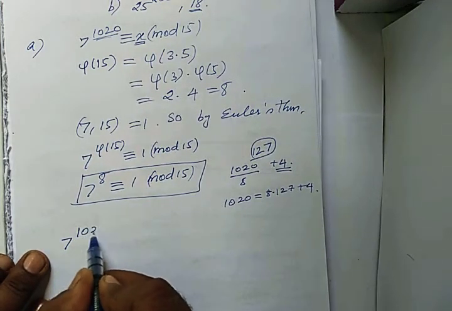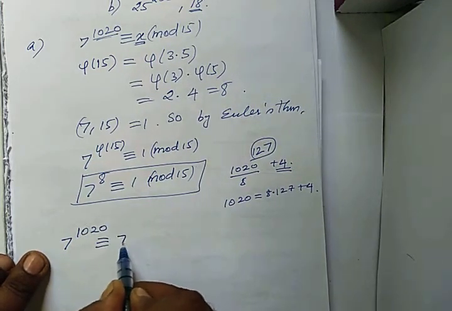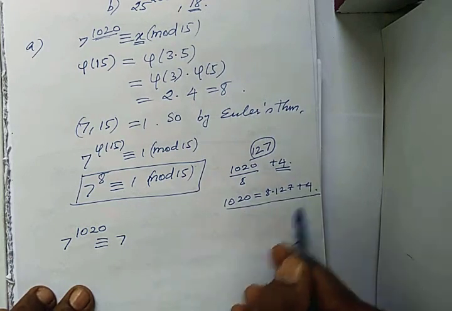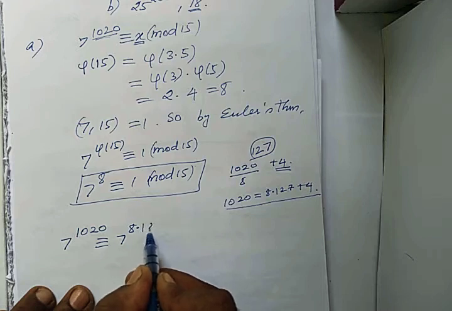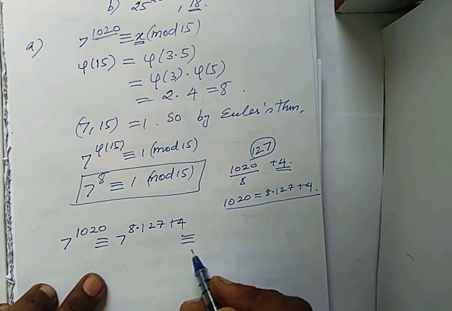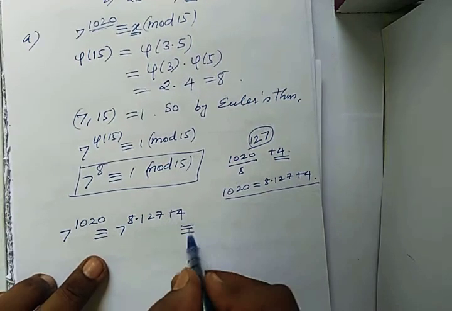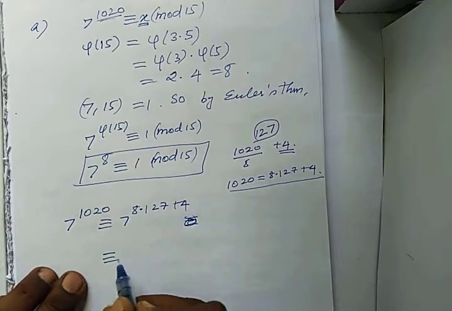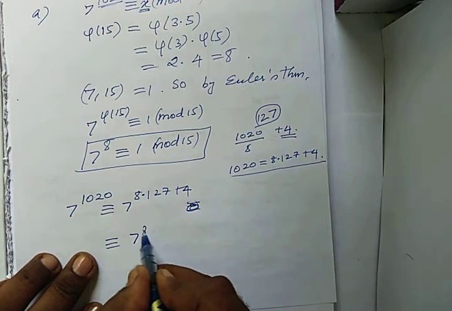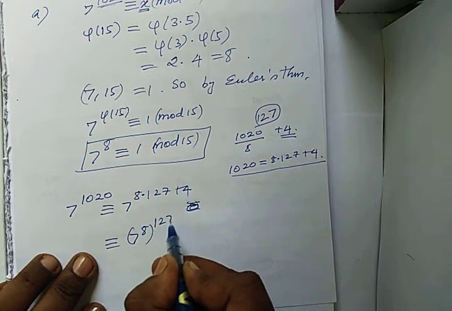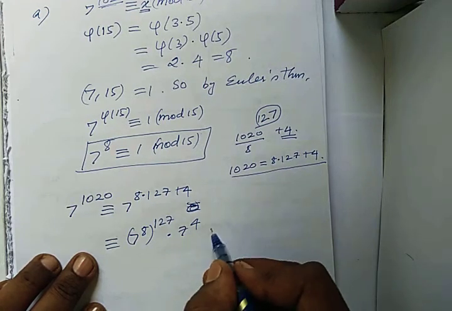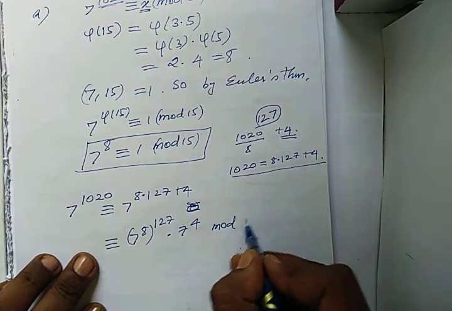So 7 power 1020 is congruent to 7 power, how this number can be written as 8 into 127 plus 4. This is congruent, or equal, no problem, to (7 power 8) whole to the power 127 into 7 power 4 mod 15.